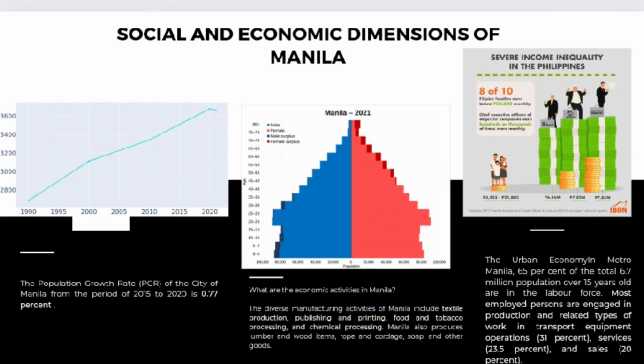So this made it hard to provide good services and making life in the city not so great. That's why Manila can be exciting and full of opportunities for some, but others may struggle with the city's changes. It brings traffic, congestion, housing challenges, and environmental issues.